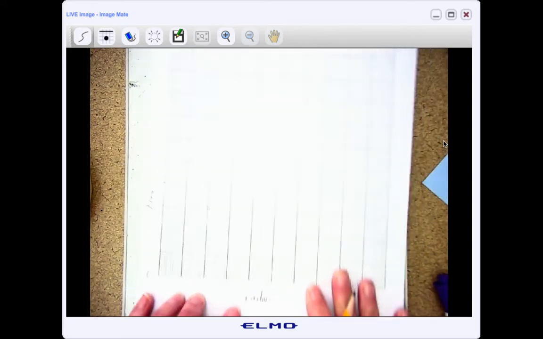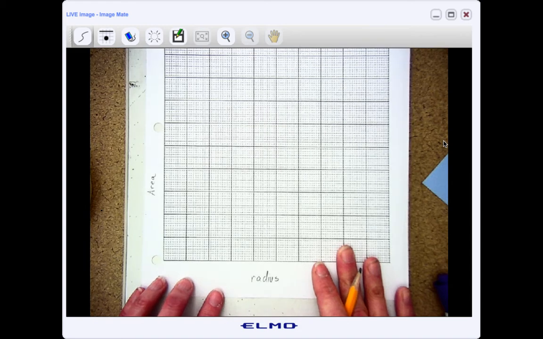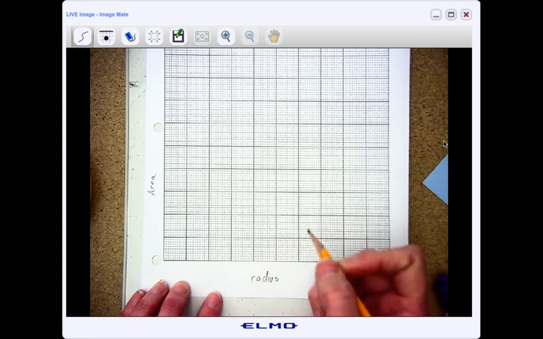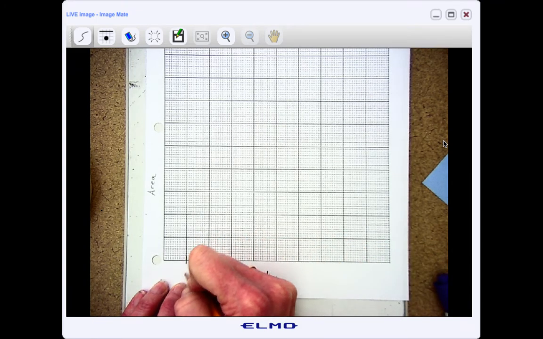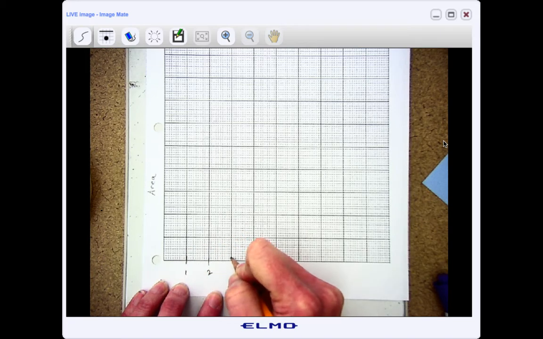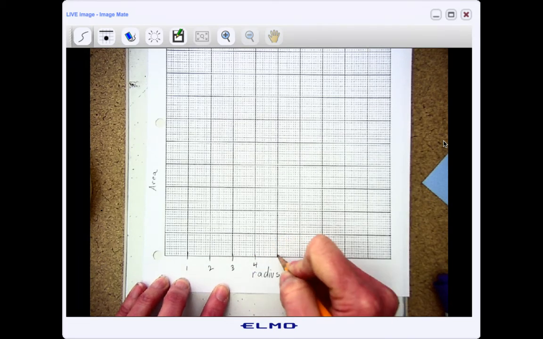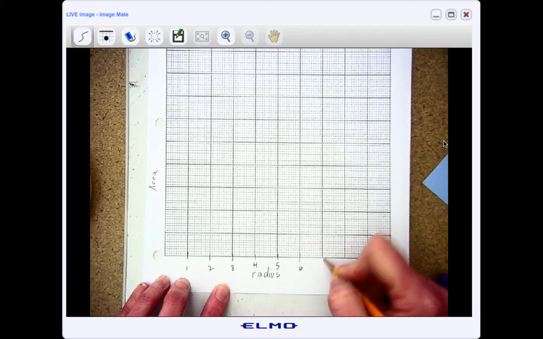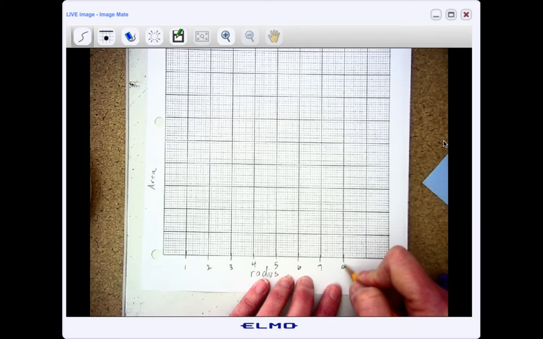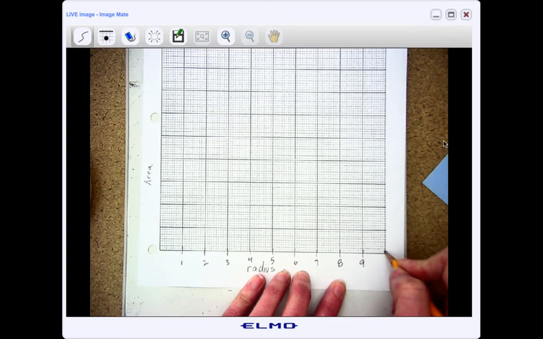Okay, and since we just had to go up to 10 for the radius, I think we can use this as 1, 2, 3, 4, 5, 6, 7, 8, 9, 10.